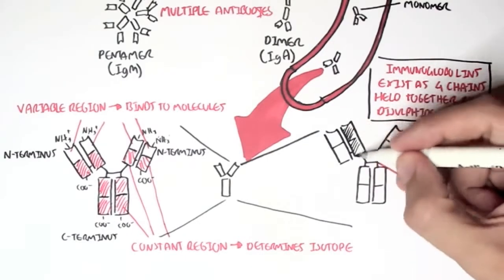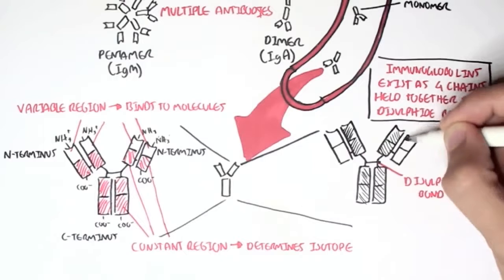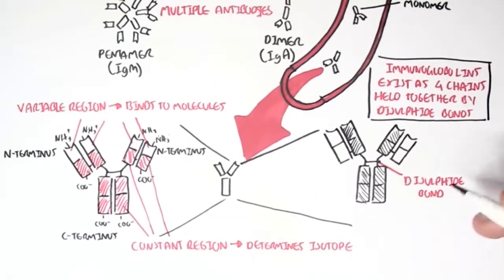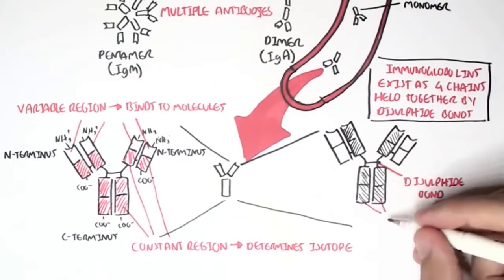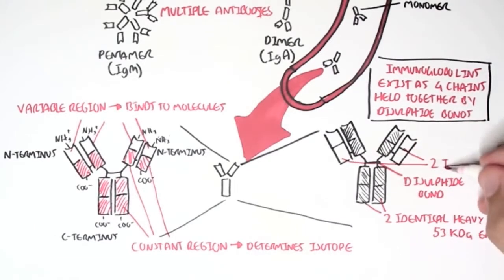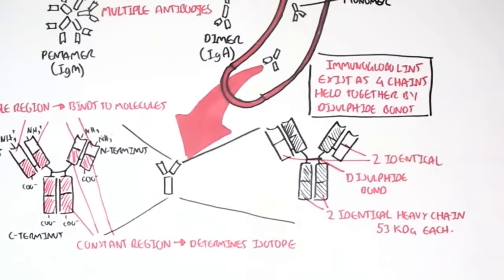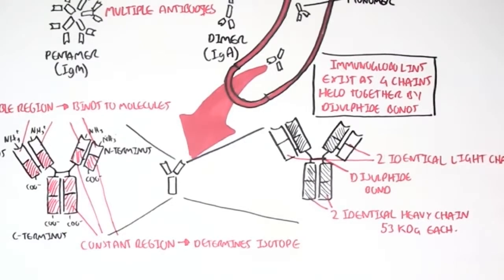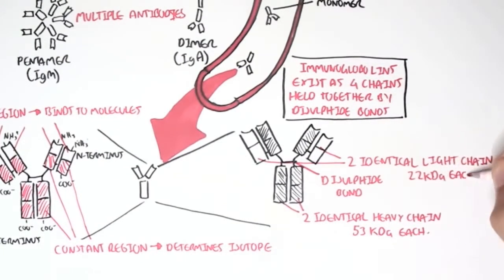And because the immunoglobulin exists as 4 chains, it's made up of 2 heavy chains and 2 light chains. The 2 heavy chains here have a mass of about 53 kilodaltons each. And the 2 light chains here, they have a mass of about 22 kilodaltons each.